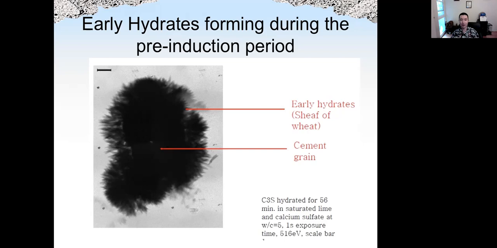When the concentration of these ions achieves a so-called threshold concentration, then the second verb, precipitation, occurs. That means hydration product will begin to form and precipitate on the surface of the cement grain. So the concentration of ions will be reduced.